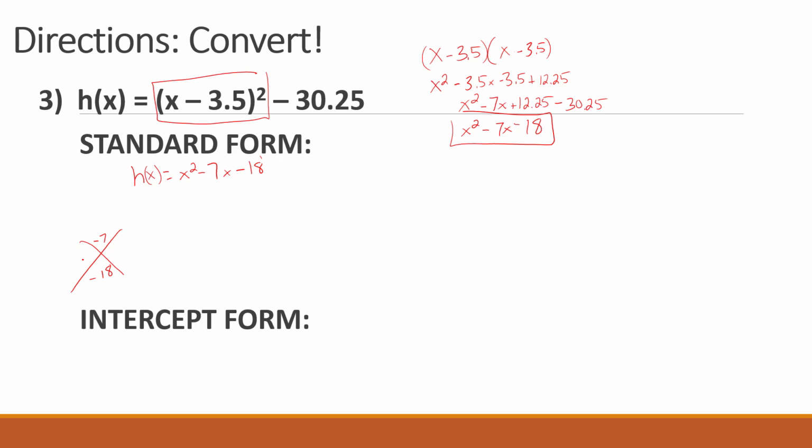That would appear to be a negative 9 and a positive 2. Does in fact add up to negative 7. Does multiply to negative 18. So we would end up with an x minus 9, x plus 2, and we're dealing with an h of x equation.